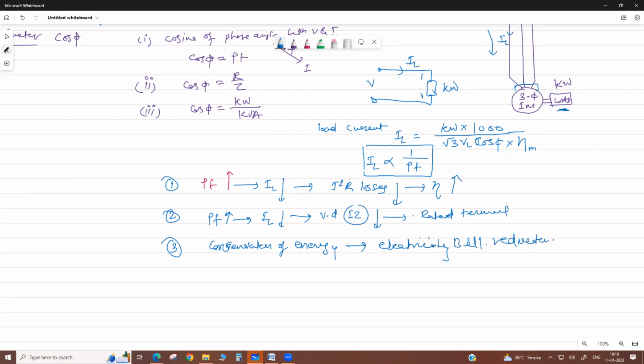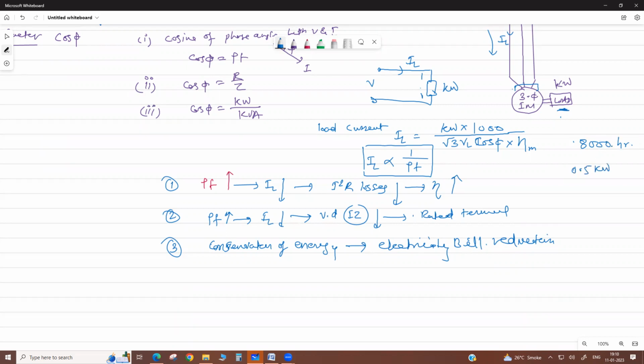Reduction means cost saving. It is to take a meaningful item: suppose annually your motor operates 8,000 hours, and per hour you save 1 kilowatt, or maybe a fraction like 0.5 kilowatt.